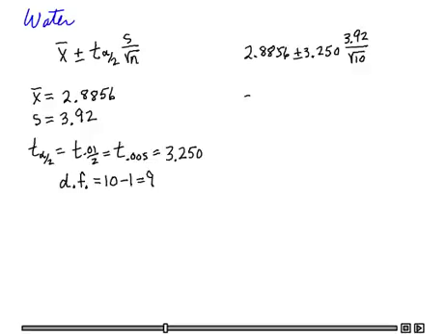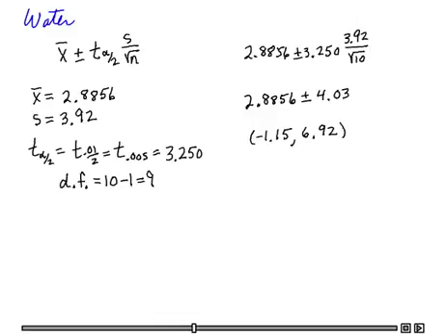Okay, and if I calculate what's called the margin of error, I will get that being plus or minus 4.03. And my confidence interval then is a negative 1.15, where I take 2.8856 and subtract 4.03, up to 6.92 when I add 4.03.